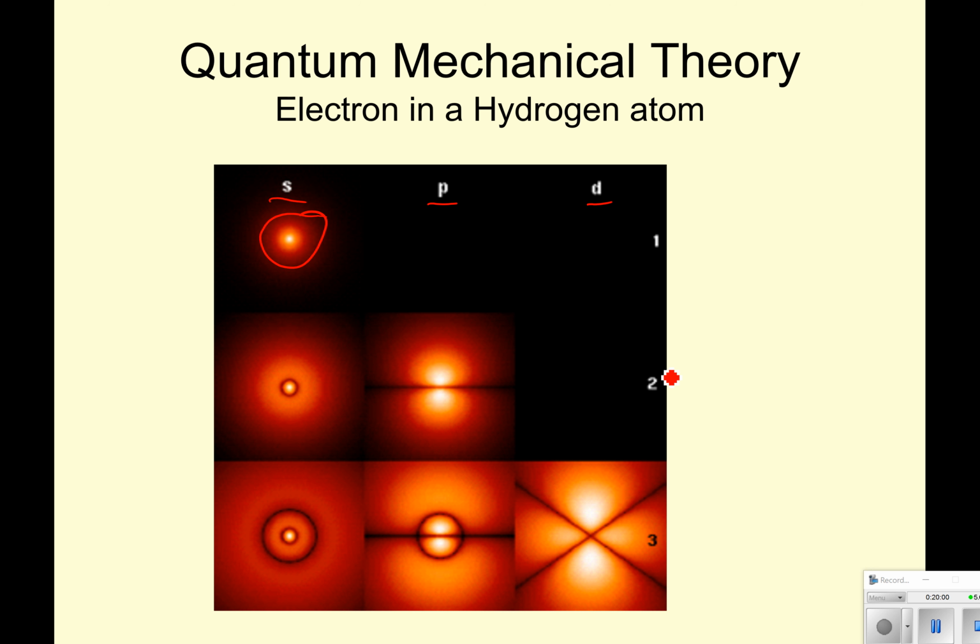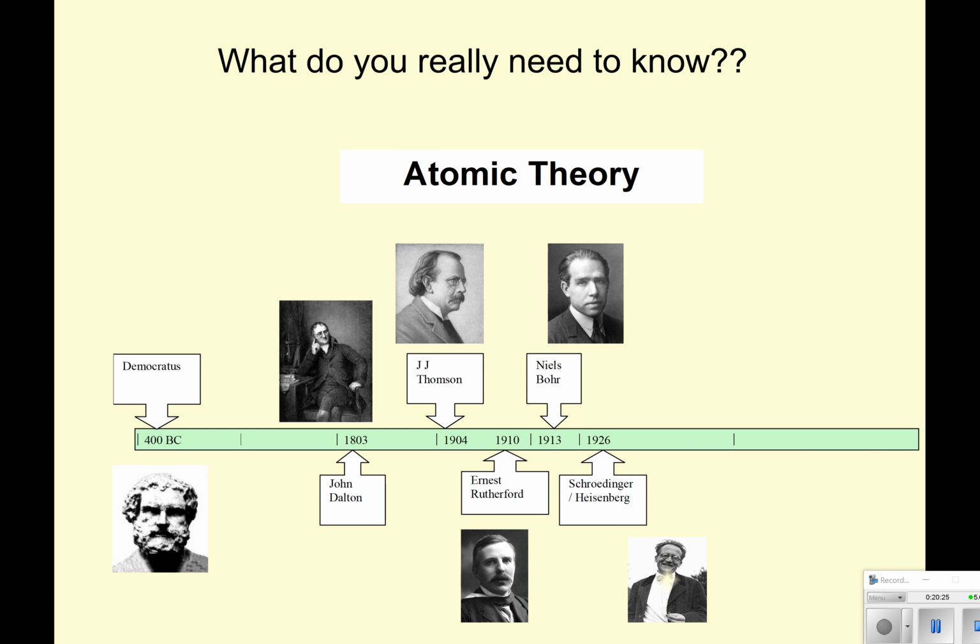So in the second principal energy level, we can have 2p orbitals, three of them, and then we'd still have a 2s orbital as well. And you can see the different shapes here as we move down the periodic table, and atoms get bigger, have more electrons, and therefore have more orbitals with changing probabilities of how we could find an electron.